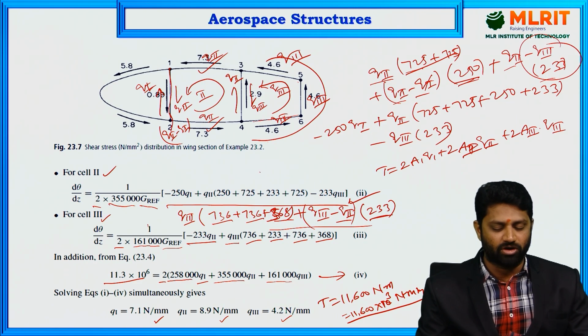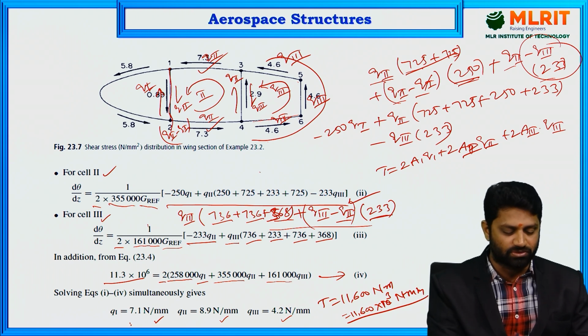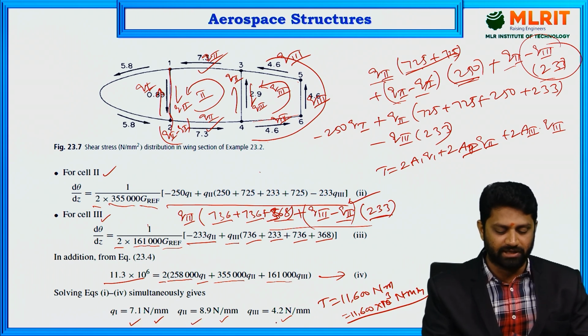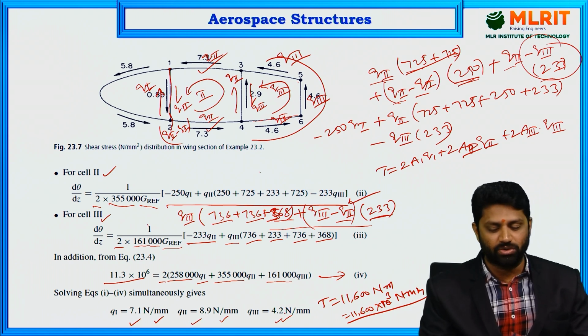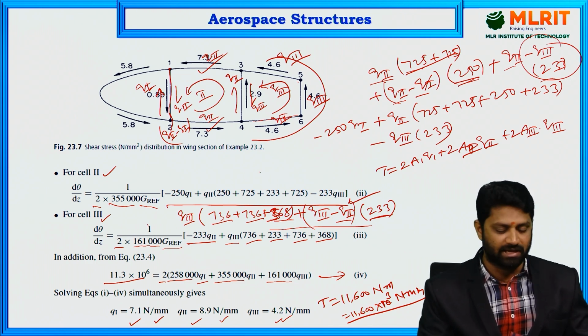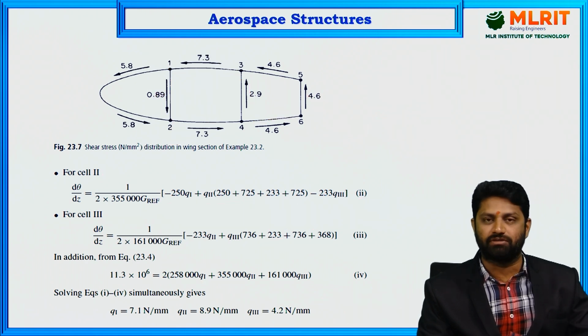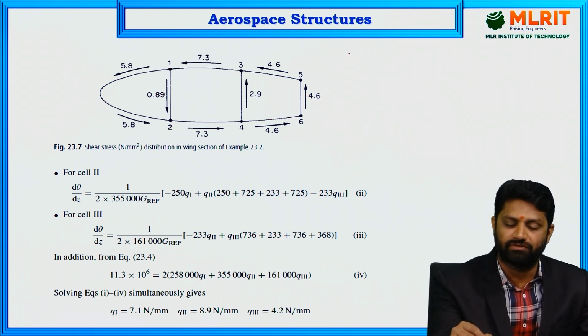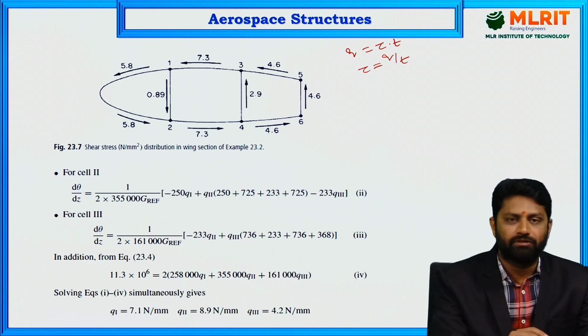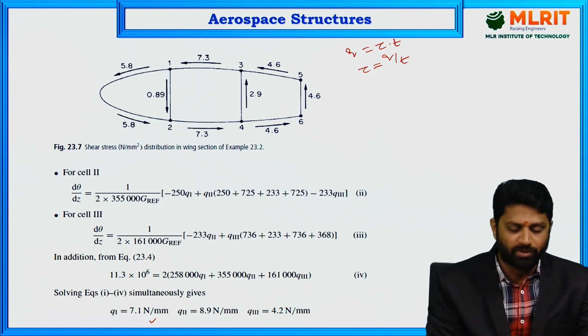Now what we got here are the shear flows Q12, Q23 and Q34. You can calculate the shear stress distributions by using the formula for shear flow. We have seen that the shear flow is equal to tau into T, so tau equals Q by T. For the first cell, we got the shear flow as 7.1 Newton per mm.